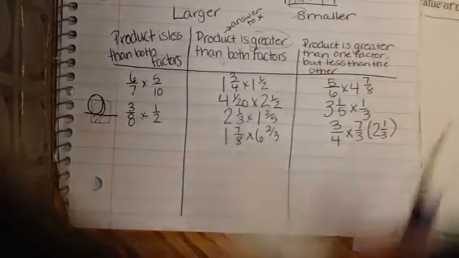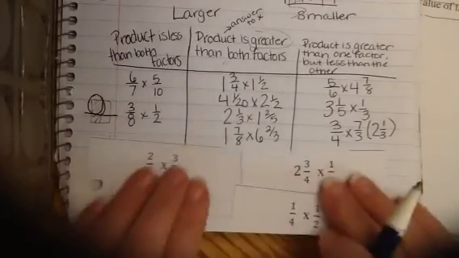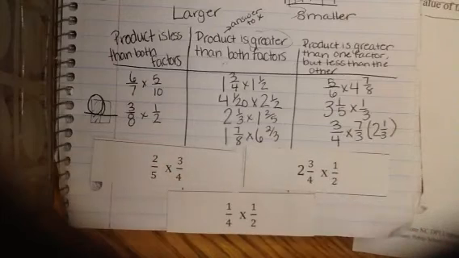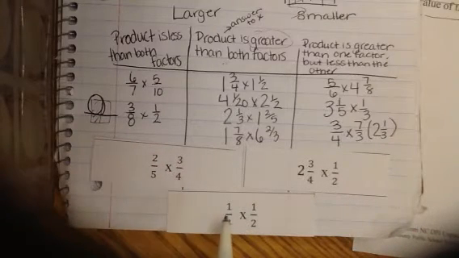All right, let's do three more. Here we go. So I have 2/5 times 3/4. 1/4 times a half. 2 3/4 times a half. Can you pick out any in here that the product, the answer is going to be smaller than I started with? Which pattern do these fit with?